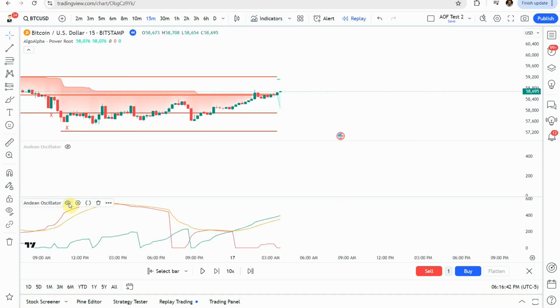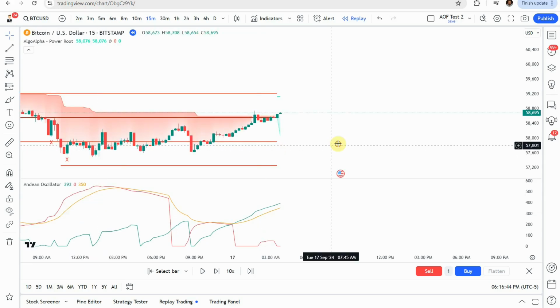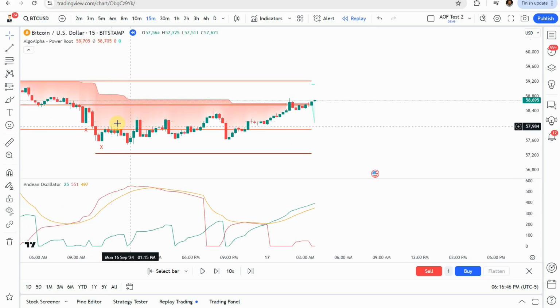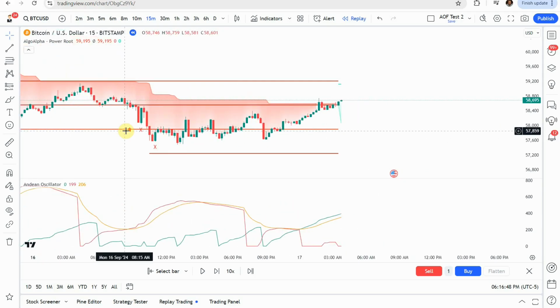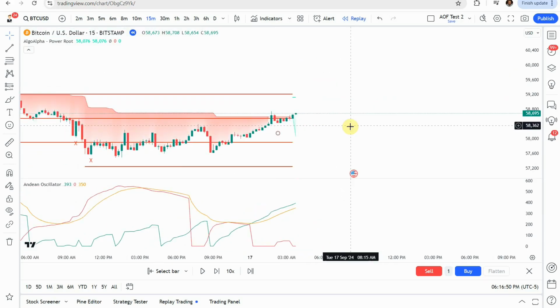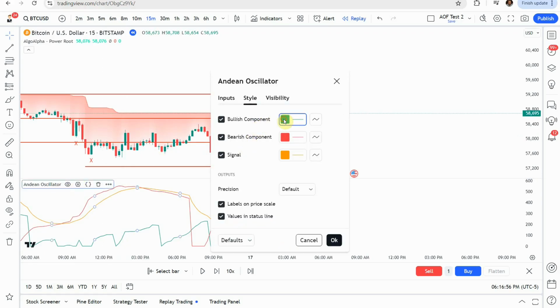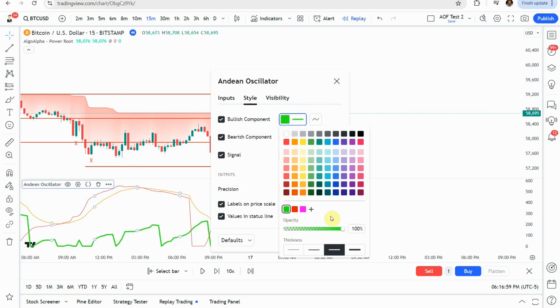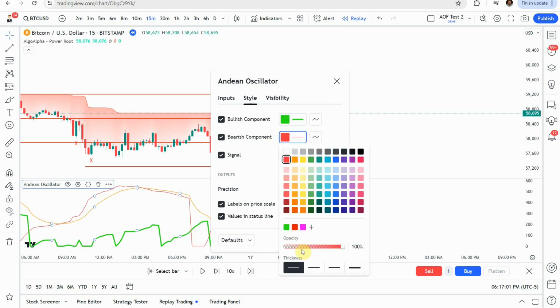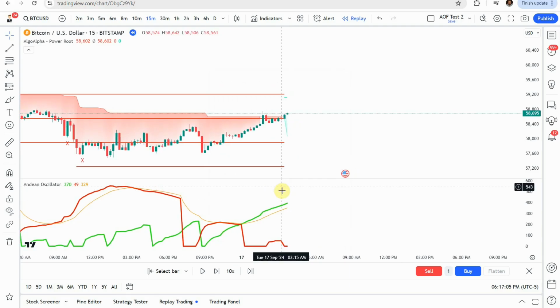And now the source video said that this new SuperTrend indicator should be used with another indicator to help identify the overall trend direction. And so since the source video often recommends using this particular indicator, I went ahead and added the Andean oscillator to the screen and use that as a confirmation of trend.